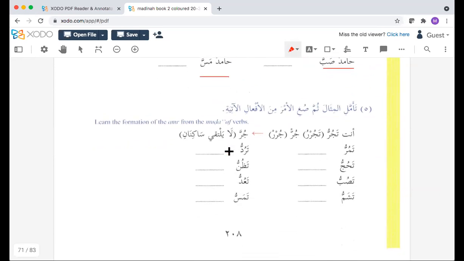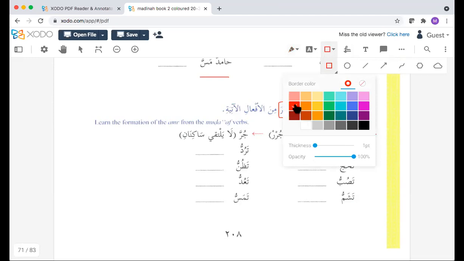And now let's have a look at fi'l mudari', changing it into fi'l amr. What is the rule with regards to fi'l amr when the fi'l is muda'af? Muda'af means the last two letters are the same. So how do we get it? Here is a quick recap.